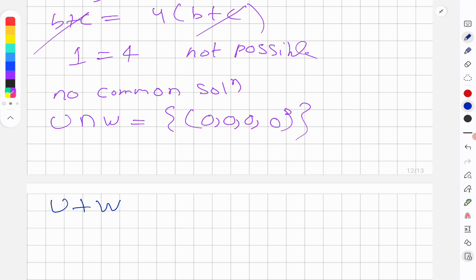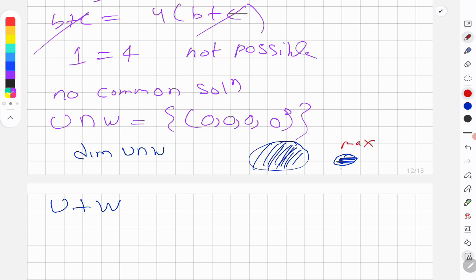For example, if you have the intersection of U and W, imagine there are two vector spaces. If I want to take the common part, the maximum it could be is this one.